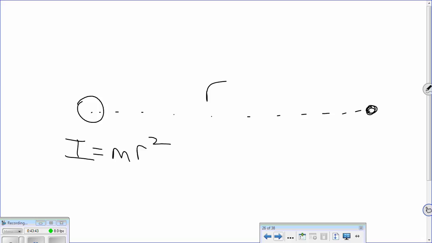I was going to ask, if you doubled the distance from the axis of rotation, it would quadruple the inertia. Correct. Yeah, and that's true with all of these, right? They're not different units. They still work out to joules.